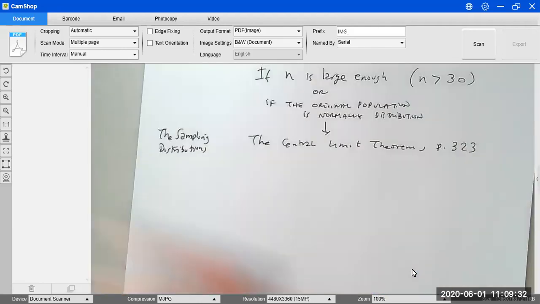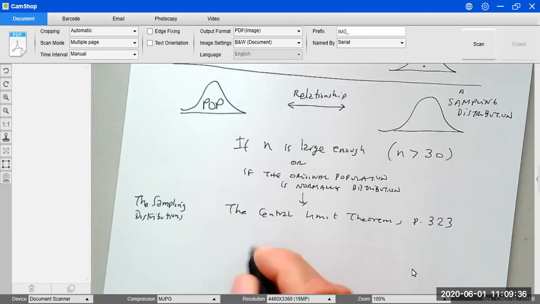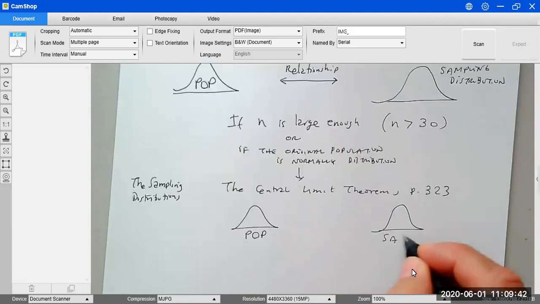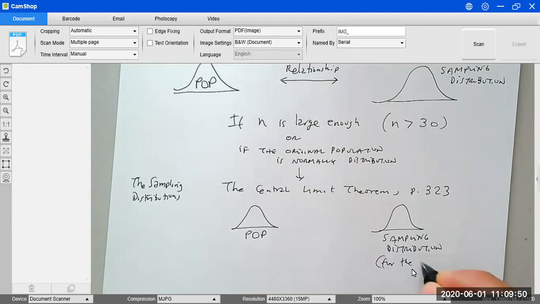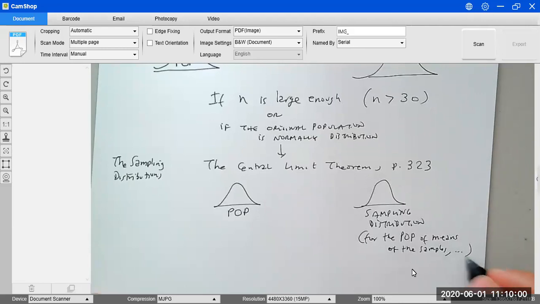So let me just have here the central limit theorem. You have a population and you have the sampling distribution, which is just for the population of means of the samples, or the standard deviation of the samples and so on.